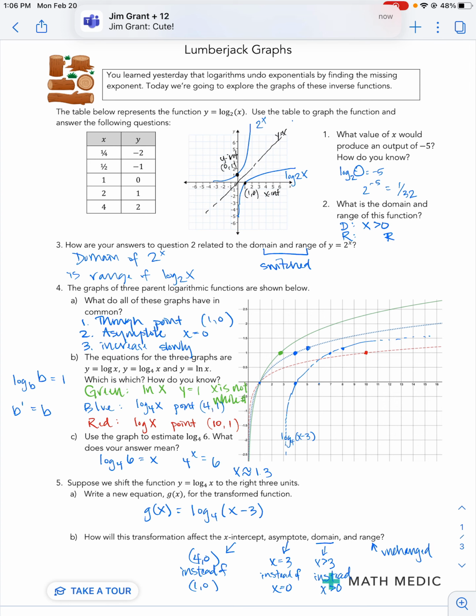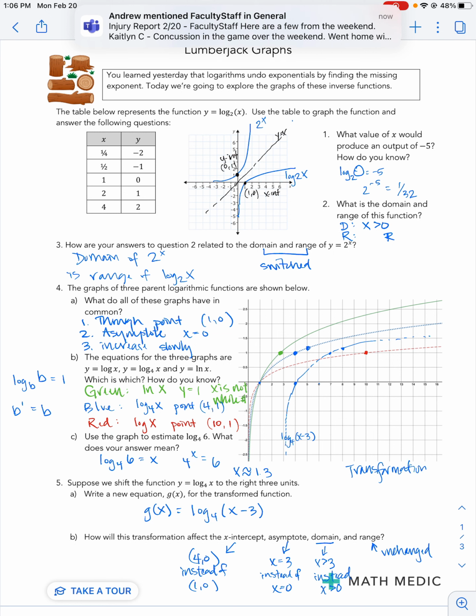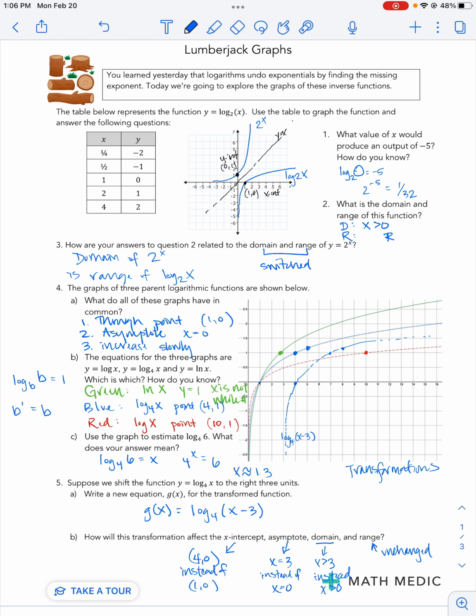And that's true for all transformations of logarithmic functions. What changes is the x-intercept, the asymptote, and the domain.